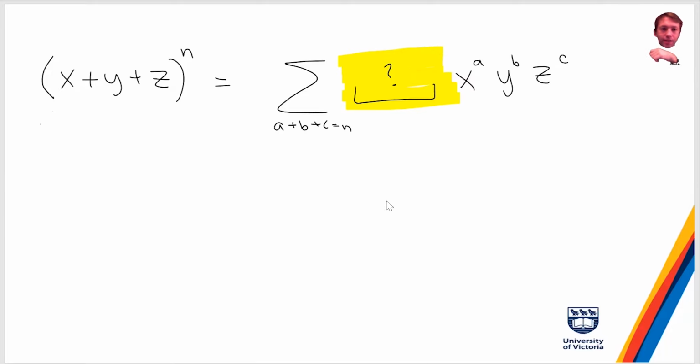But it's interesting to ask, what is the coefficient here? So that's going to be the topic of the next lecture. And then more generally, we can look at four terms, (x plus y plus z plus w) to the n, and so on. So that's what we're going to focus on next time. A lot of the same ideas that we looked at today will be applied again next time.